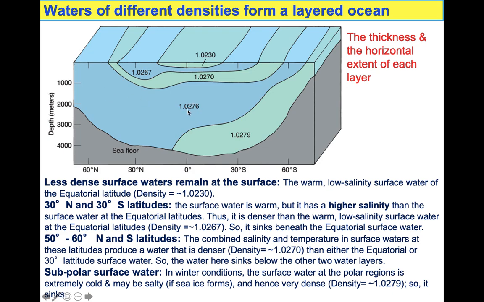So the seawater became much denser in comparison to what we saw in the mid latitudes, and therefore this extremely cold surface water, and it could be a little bit saltier as well depending on the seasons, and we'll talk about that very shortly.